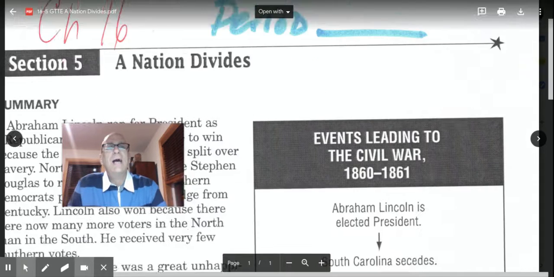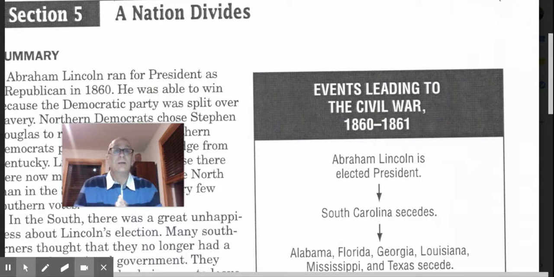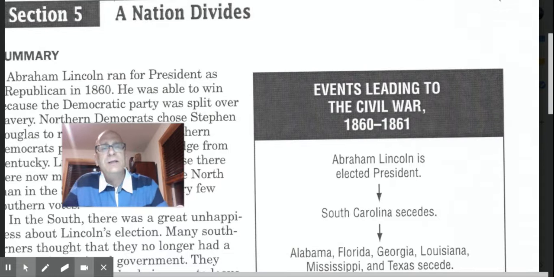Let's take a look at the chart on the events leading to the Civil War, 1860 to 1861. Lincoln, in November of 1860, is elected president. This immediately jolts the South into realizing that they have who they believe is an abolitionist that wants to abolish slavery.